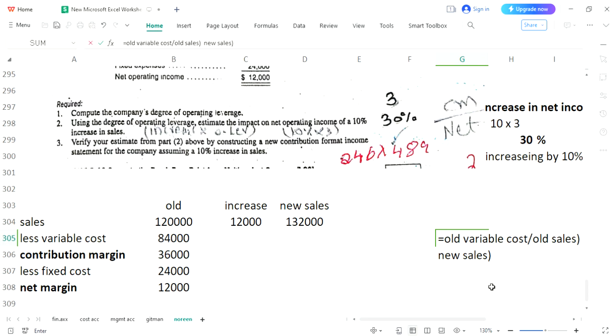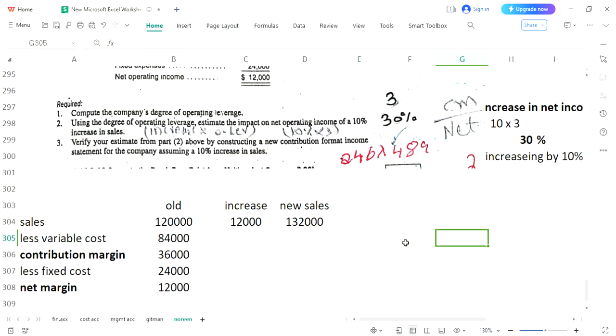Anyhow, we can understand from here. Old variable cost would be divided by old sales and will multiply by new sales. We will apply over here. Actually, Excel will not excuse us if we are using it. Okay, we'll have to delete it because Excel wants us to write formula.